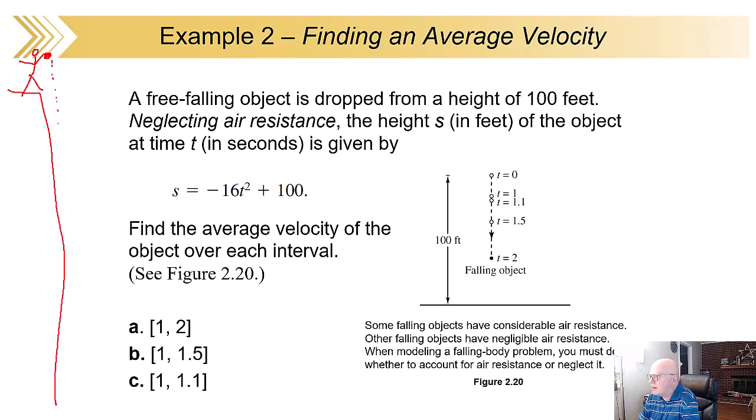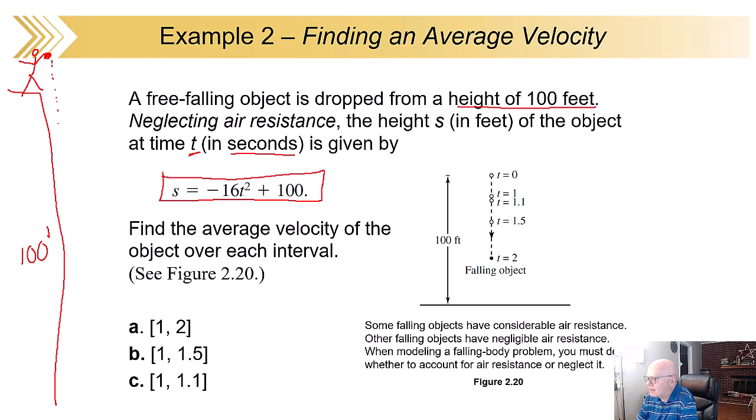Now, it says here, if you drop it from a height of 100 feet, so we're talking about maybe 100 feet here, the height at any particular point at a time t, we're talking about seconds because it doesn't take long to drop 100 feet, you can find out where that object is by using this formula.